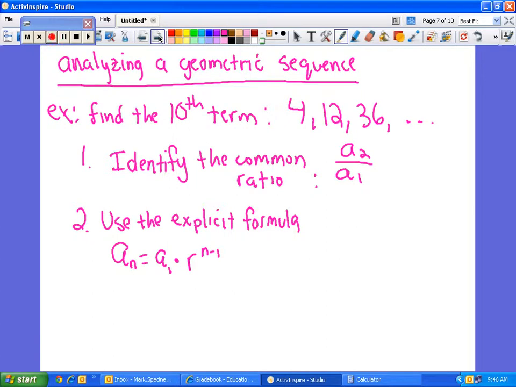I personally try to keep it as simple as possible, so I use the smallest numbers I can find. To me, that's 12 and 4. Could you use 36 and 12? Of course you could. So here we get 12 divided by 4. I don't need a calculator to know that that answer is 3. So that 3 is the common ratio.